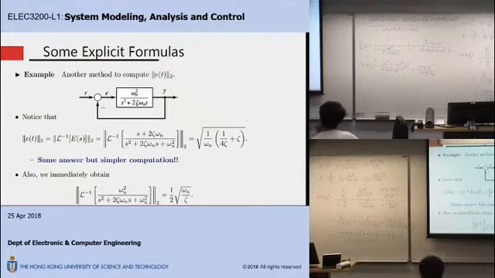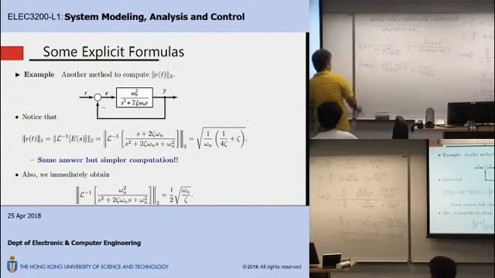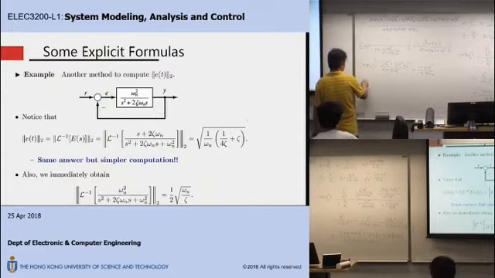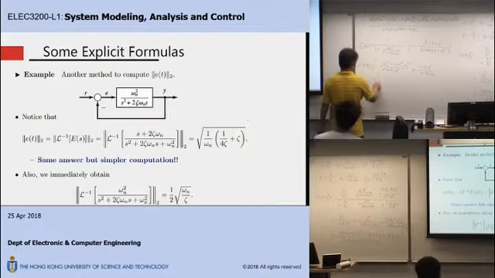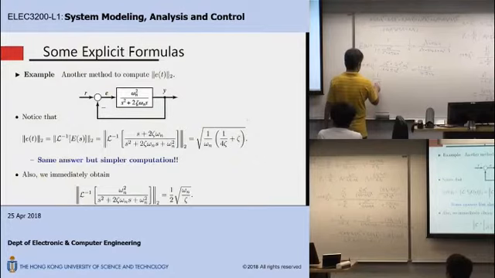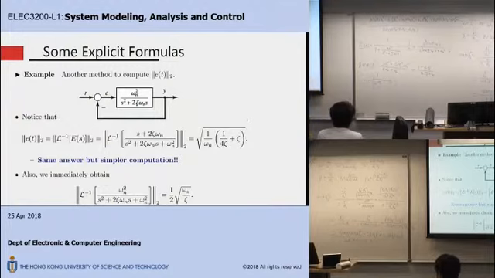So what is the best zeta? The best zeta is of course the minimum value of this. You're just interested in the minimum of this, trying to find the zeta that minimizes this.